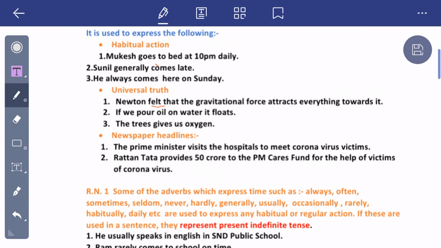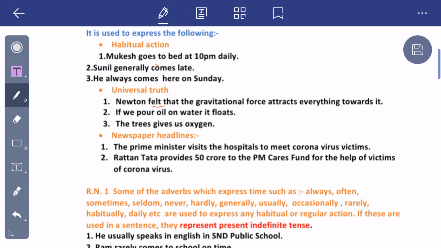If today I drop an apple from a tree, or an apple falls from a tree, it will definitely go downside. If I throw a ball in the air, it will definitely come down to me. So these are universal truths. Okay, let's have a look at the second sentence. If we pour oil on water, it floats.